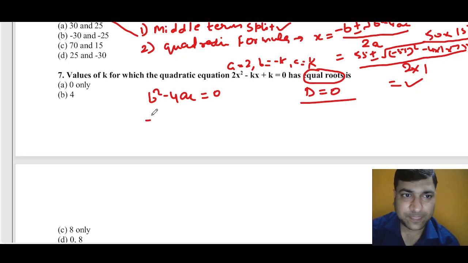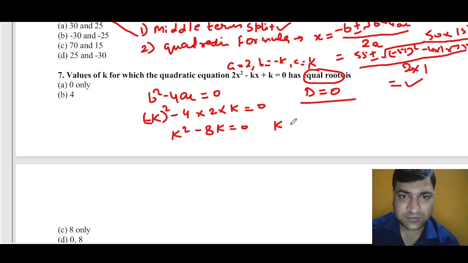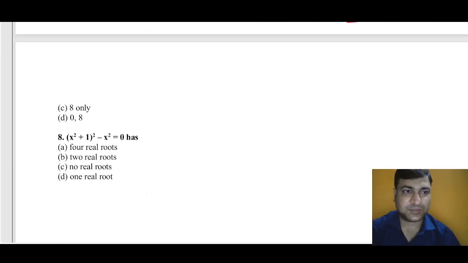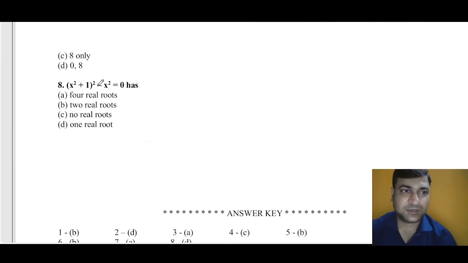So minus k square minus 4 into 2 into k equal to 0. So that is k square minus 8k equal to 0. By using factors, k into k minus 8 equal to 0. So k is equal to 8, 0. Two solutions are there. So option D is right.